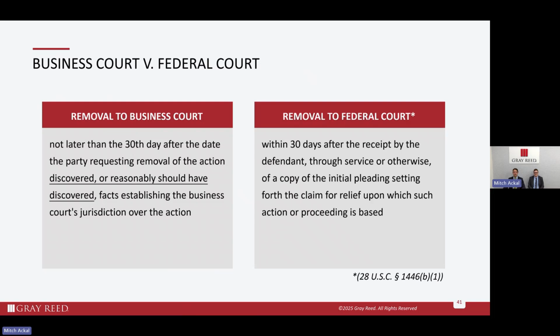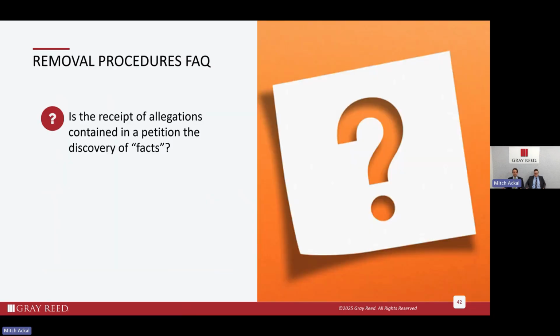So we all know that in federal court, a defendant has to remove within 30 days simply after receiving a copy of the summons and the complaint. However, in business court, they're saying 30 days after you discover or reasonably should have discovered facts establishing the business court's jurisdiction. So is the receipt, for example, of just allegations in a petition, is that the discovery of facts?